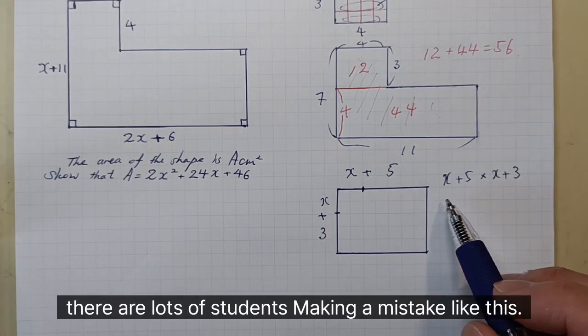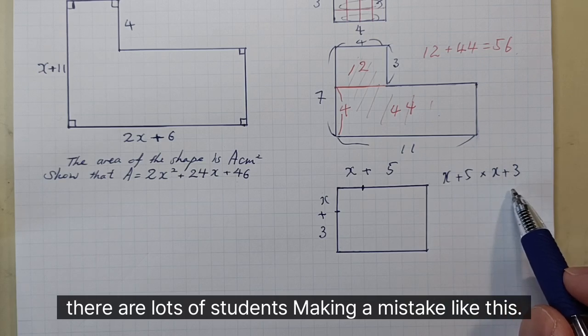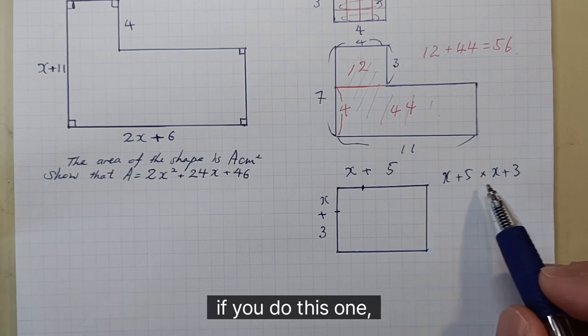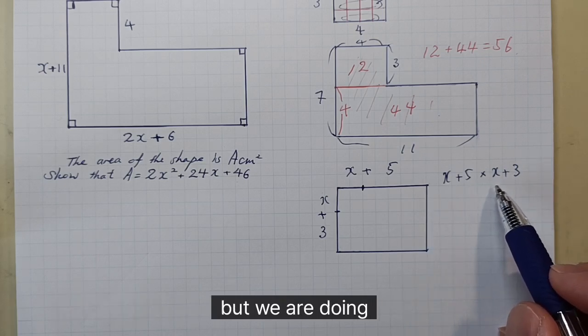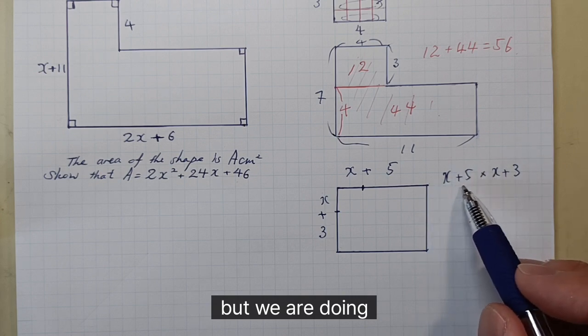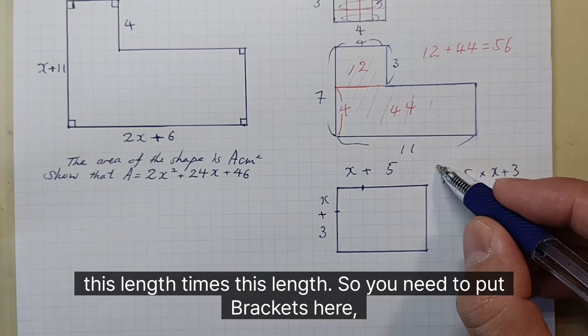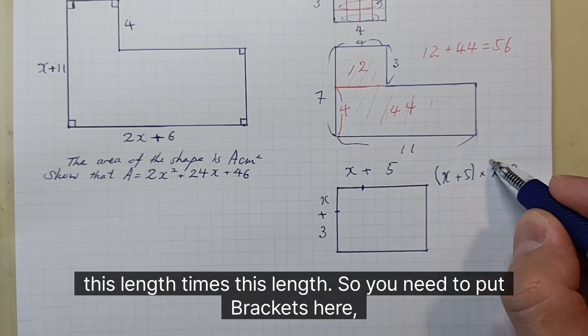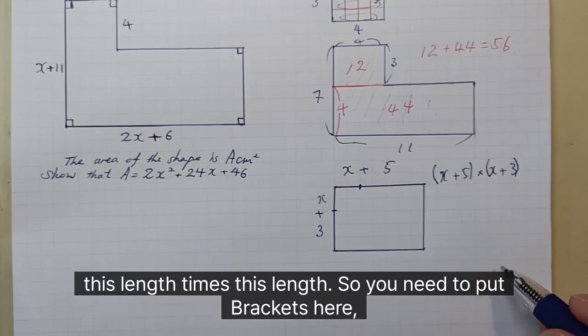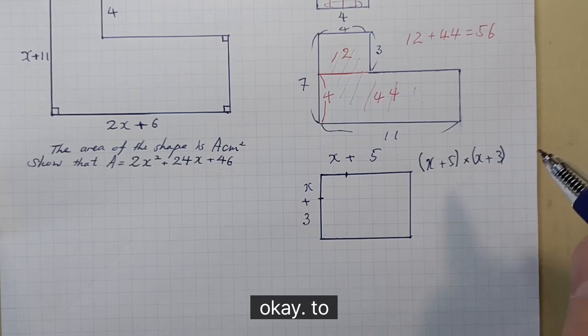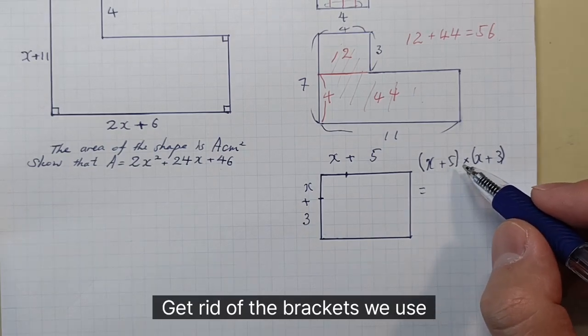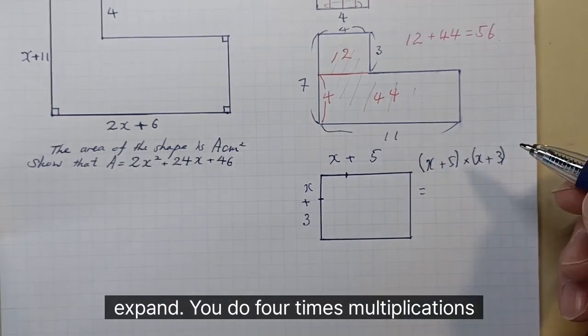There are lots of students making mistakes like this. If you do this one, you do 5 times x, isn't it? But we are doing this length times this length. So you need to put brackets here. Okay? To get rid of the brackets, we call it expanding.